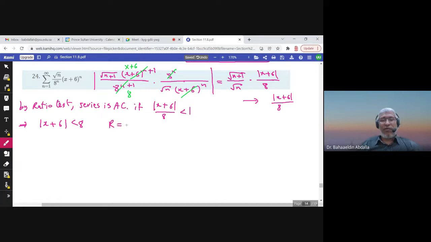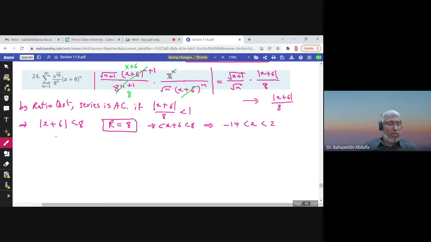And this gives us the radius of convergence, and the interval of convergence when we add -6. So x is between -14 and 2.